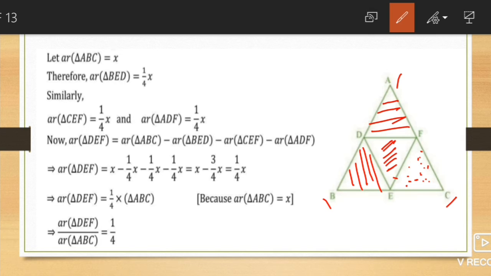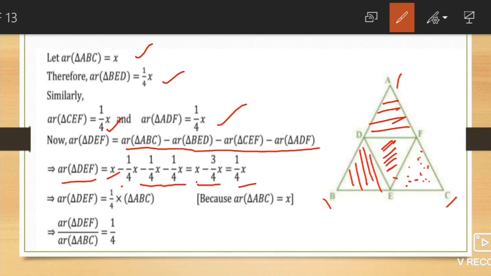That is what is written here. Now area of ABC is considered as x, area of BED is 1/4 of x, this is also 1/4 of x, and this is also 1/4 of x. So I am putting in the values. After calculating, the area of DEF will become 1/4 of x.